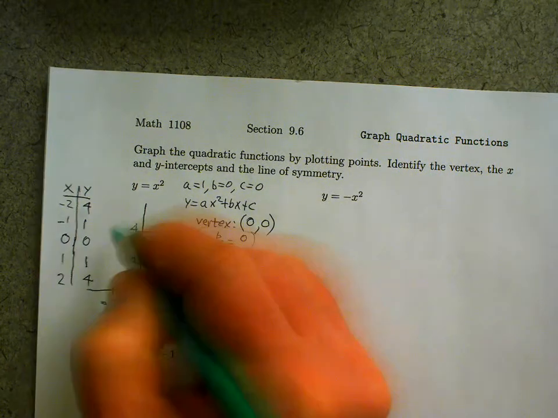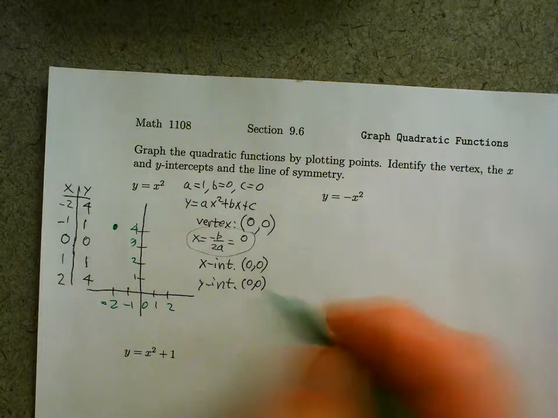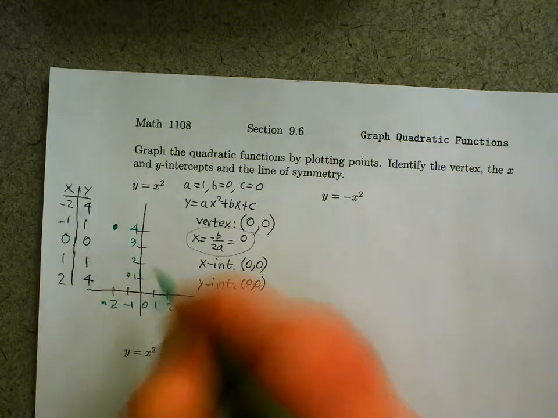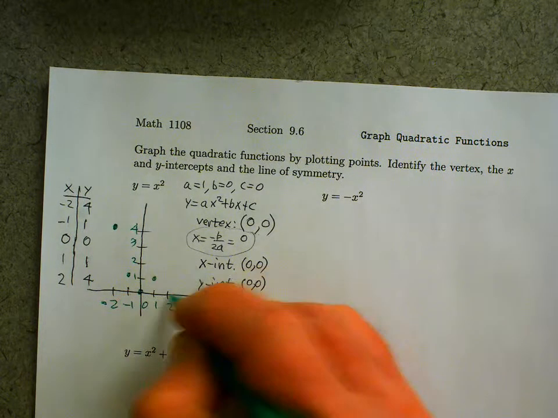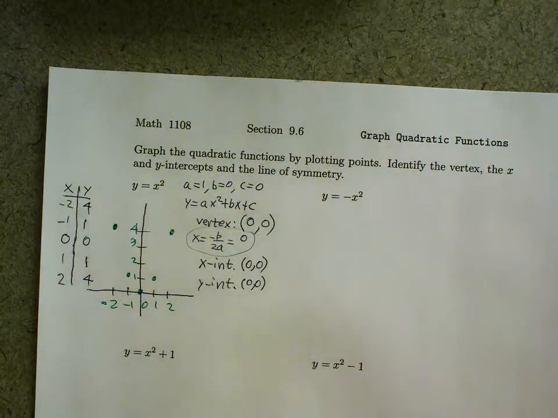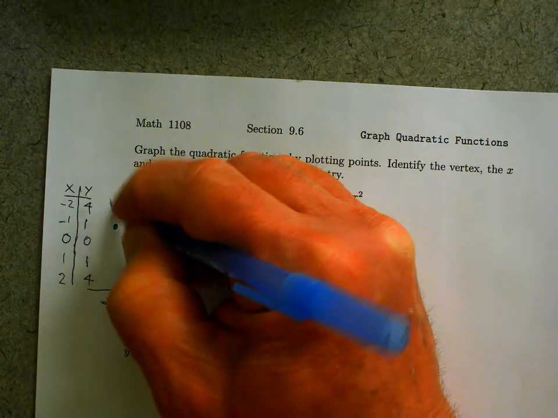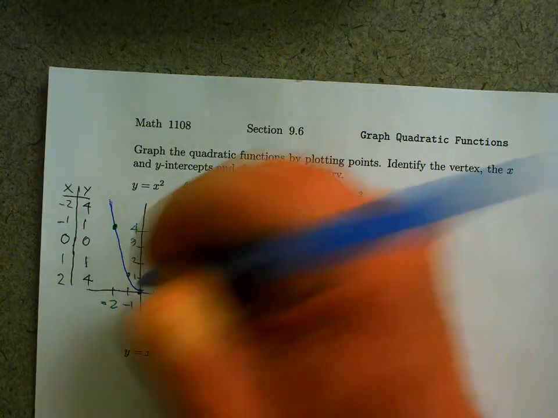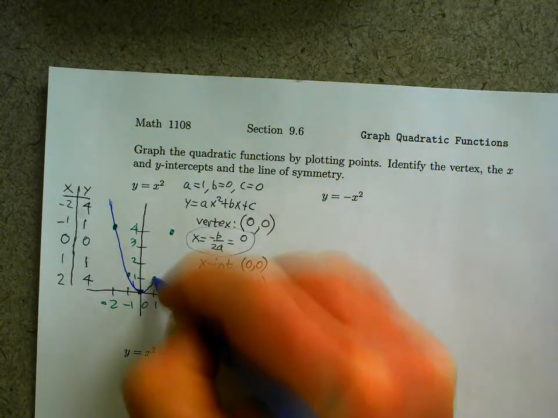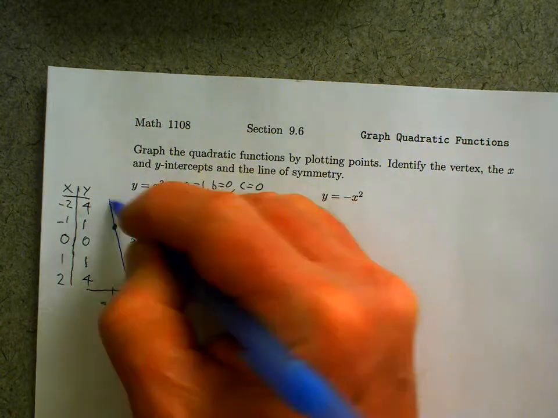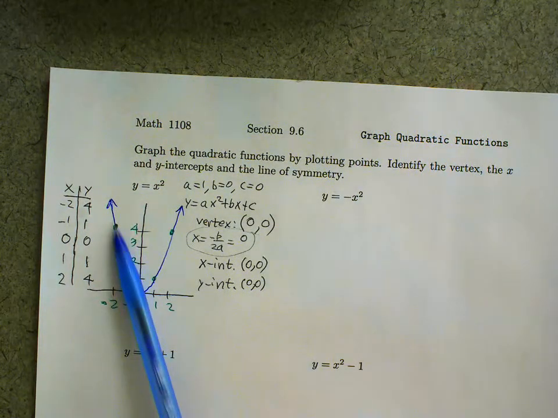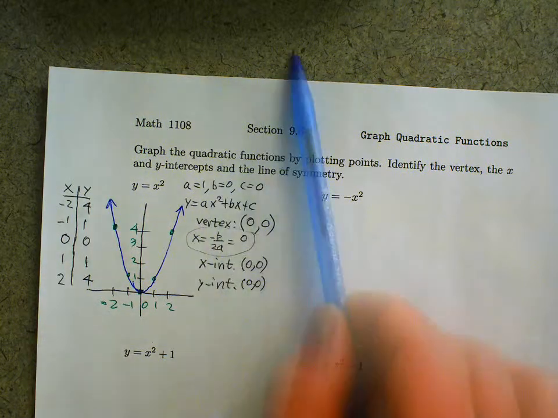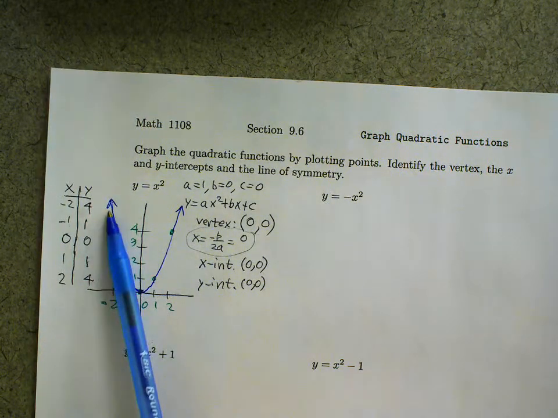So the ordered pairs (-2, 4), (-1, 1), (0, 0), (1, 1), and (2, 4). And then sketch the parabola that goes through those points. So the parabola goes on forever in the two directions, but that's what is implied by those arrows.